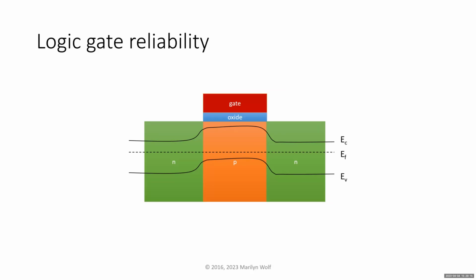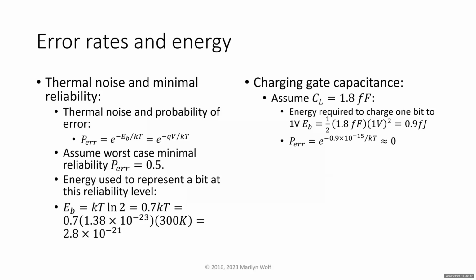Okay, and there's a couple of ways of looking at this. So a very simple analysis is to look at thermal noise. Okay, so we're not operating these at absolute zero. They're operating at some approximate room temperature, right? So there'll be some distribution of energies for the electrons that appears as thermal noise.